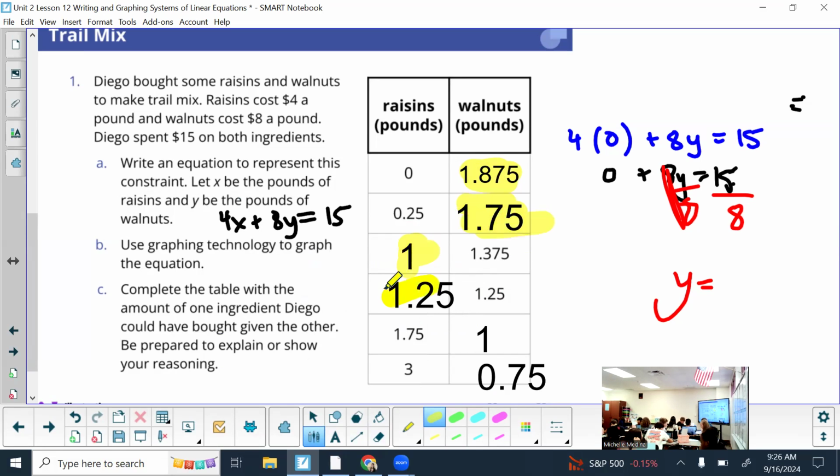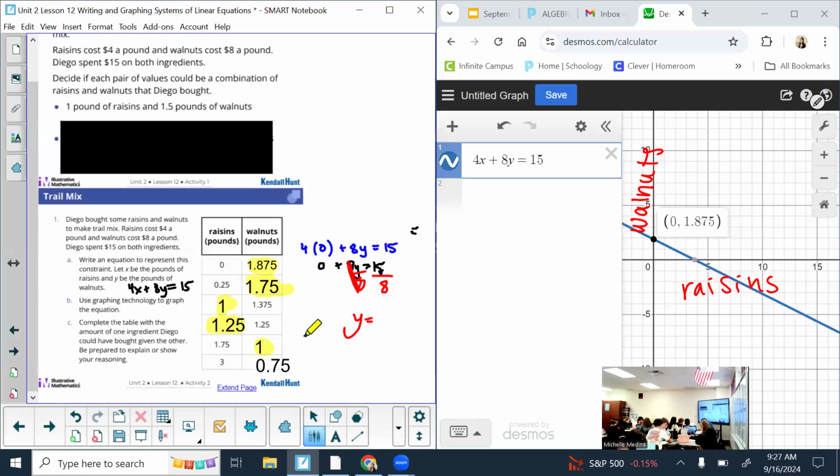These two are also right. And this one's right. Did I hear you right earlier? Whoever had this one, was it 0.75? Because I have something different. So let's investigate that one.